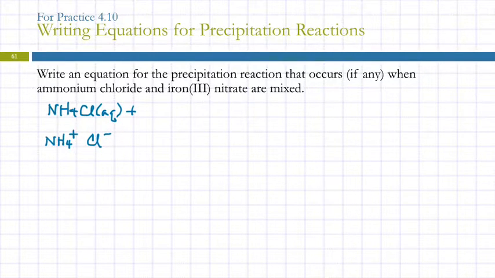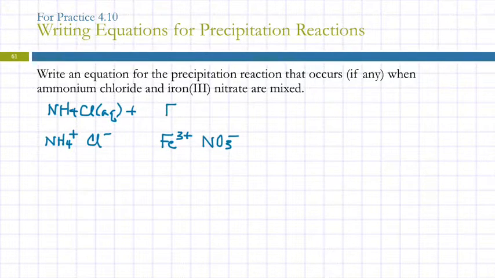Iron 3 nitrate. Iron 3 is Fe3+. The Roman numeral tells me the charge. Nitrate is NO3- because I memorized it. Then we look at the charges. +3, -1. I need 3 nitrates to make up for the charge on 1 iron.